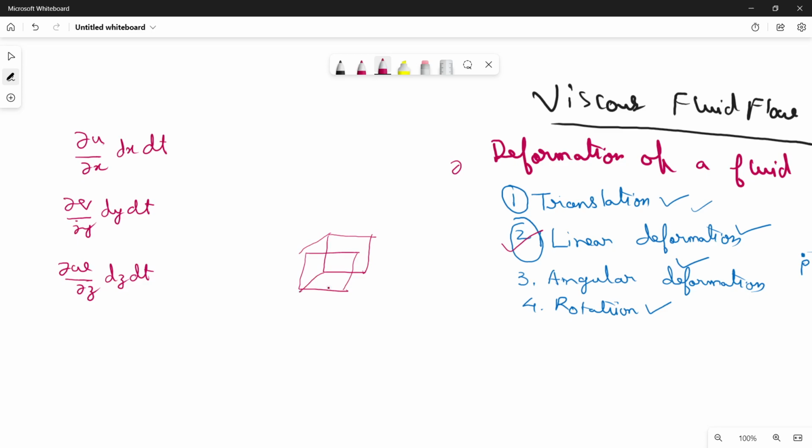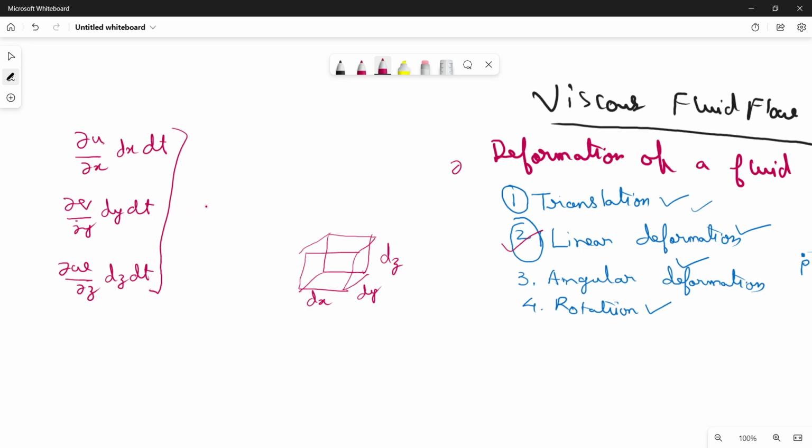This is our fluid element, such that the lengths along the x, y and z directions are dx, dy and dz. Now what does this represent? This translation represents the distance traveled by a fluid element in the time dt.